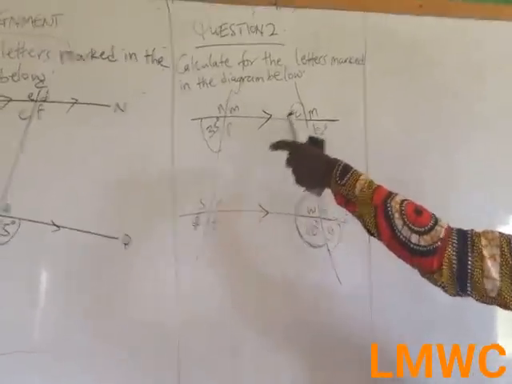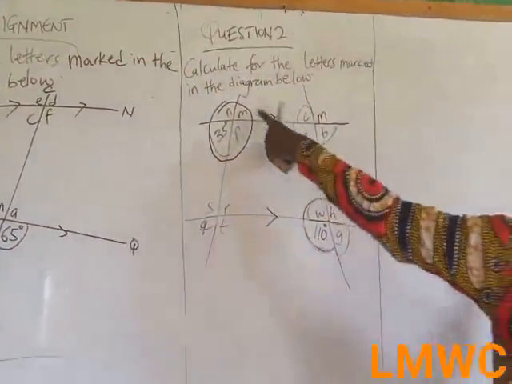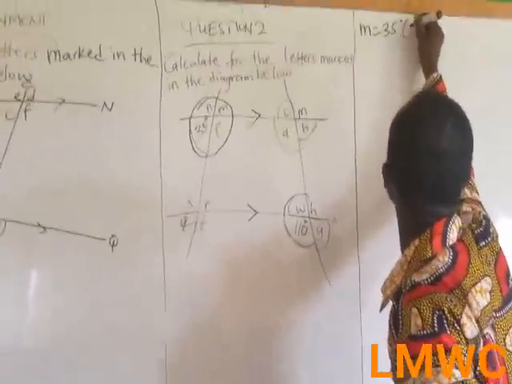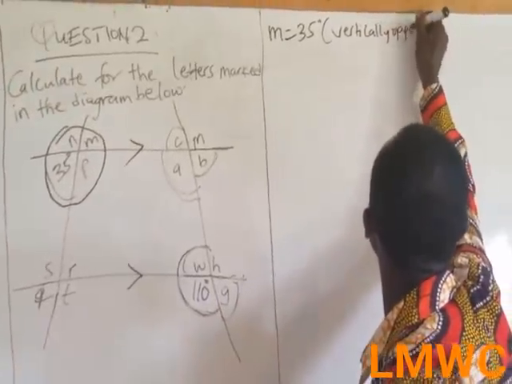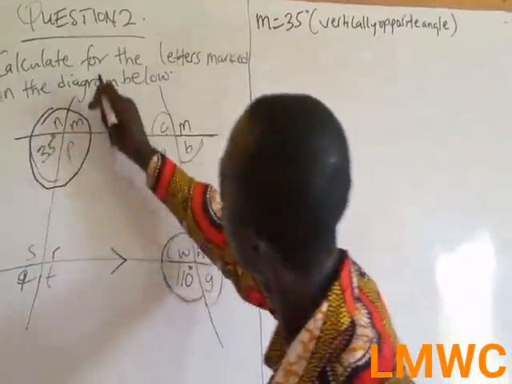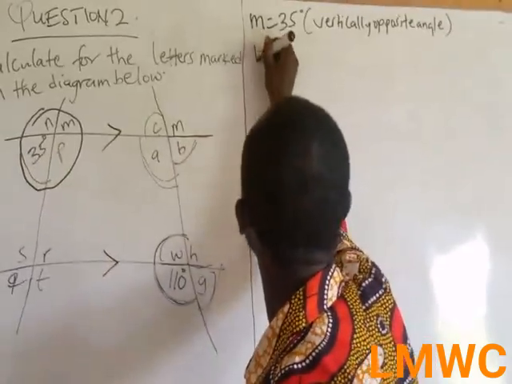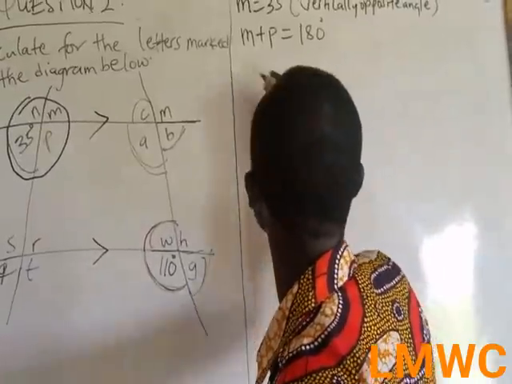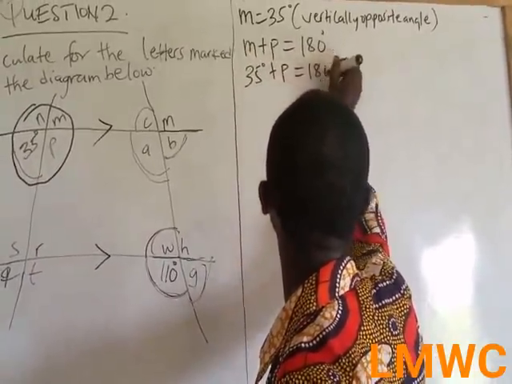That's the transversal at the left hand side. So I will start solving from this portion. Now what is M? M is 35. It's vertically opposite angle. So once we know M to be 35, P becomes simple because M plus P is equal to what? 180 degrees. Angle on a straight line. 35 plus P equal to 180 degrees.